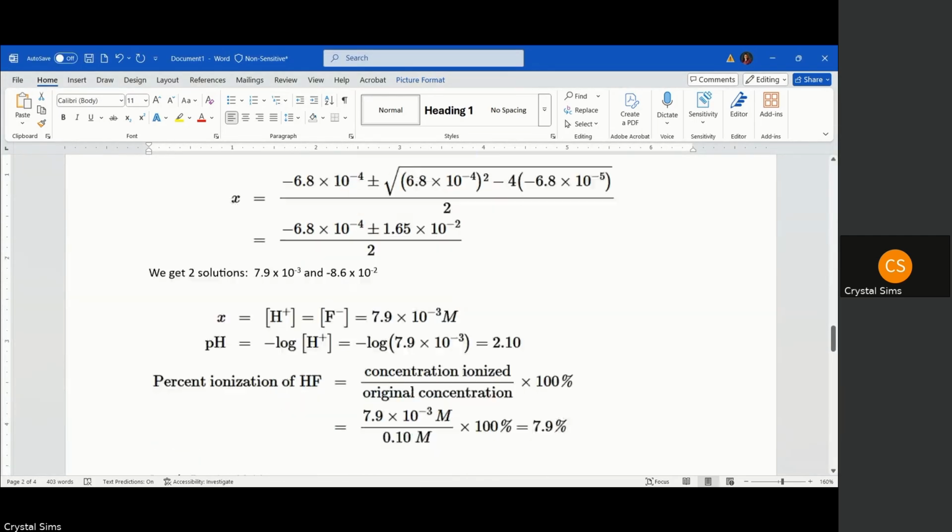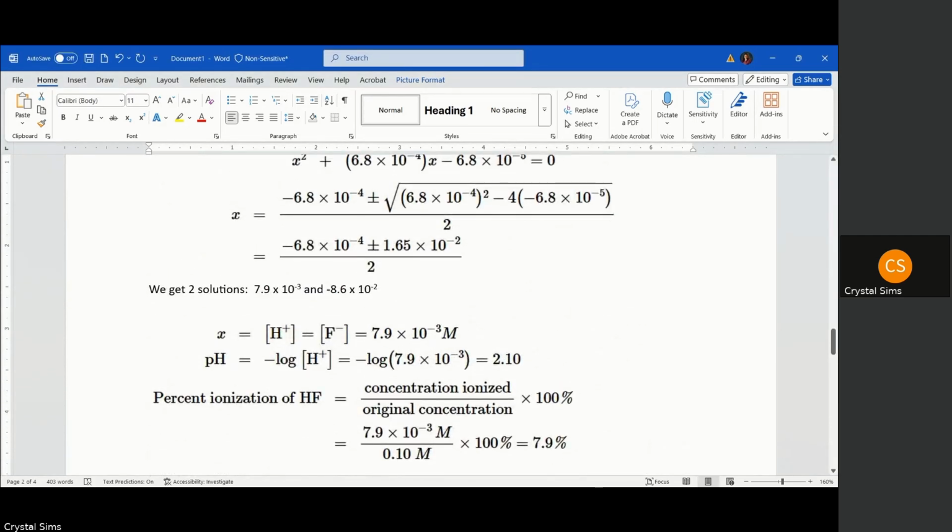Our real answer was 7.9 times 10 to the negative 3. So, yeah, that's not a huge difference, but it's enough of a difference to make the pH different and our percent ionization different. So you have to be more correct. All right. Moving right along.